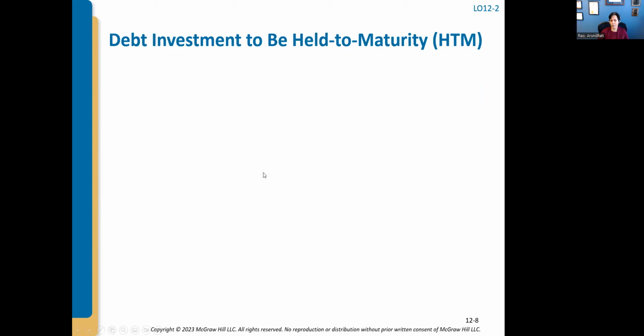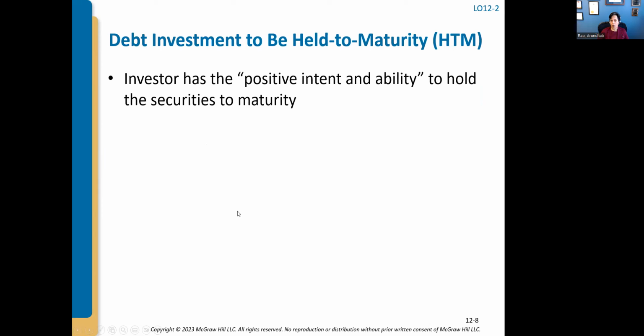So let's start out with held to maturity. So I'm the investor, I'm the corporation who bought another company's debt. I have the intention and the ability to hold the securities to maturity. So when another company issues bonds, when they sell bonds, they're borrowing money. Bonds are long-term.